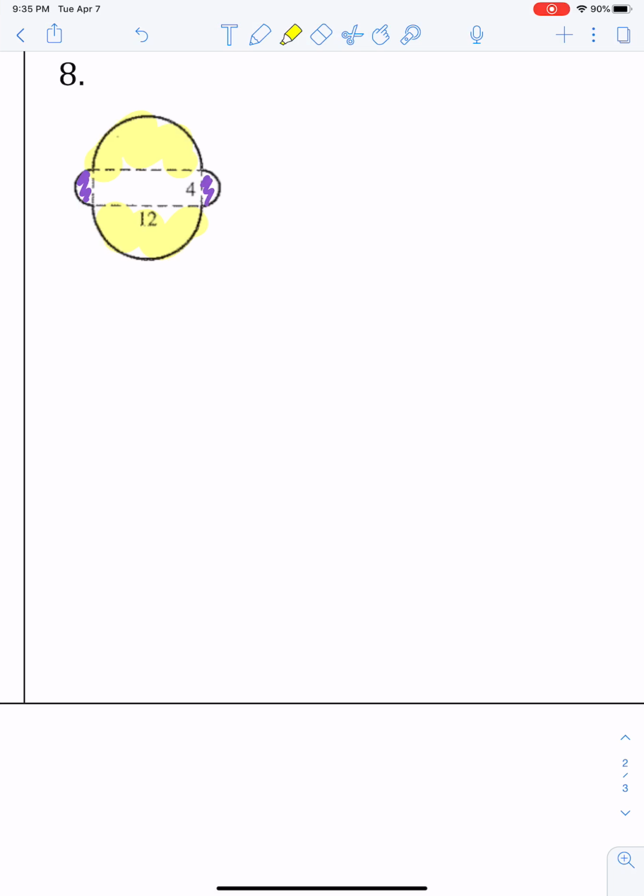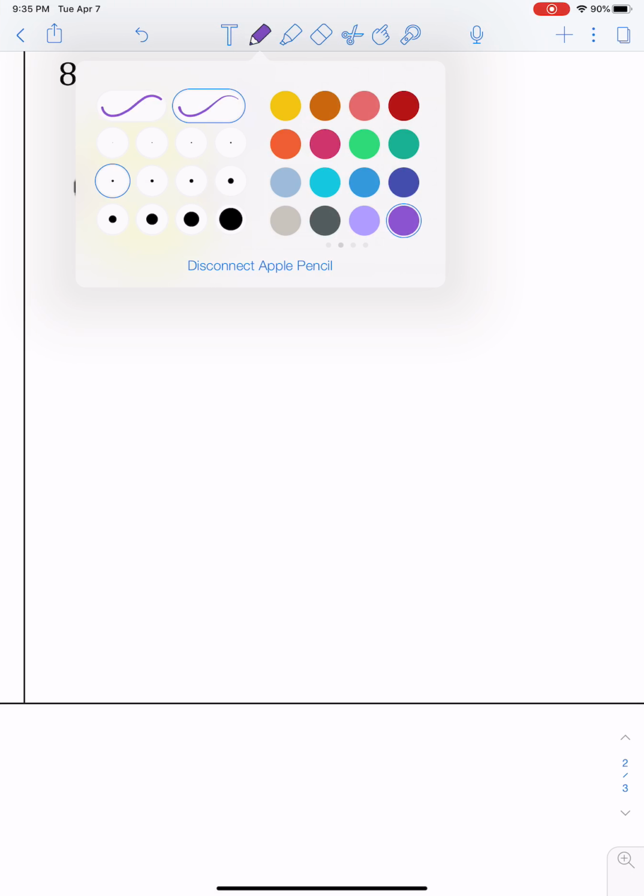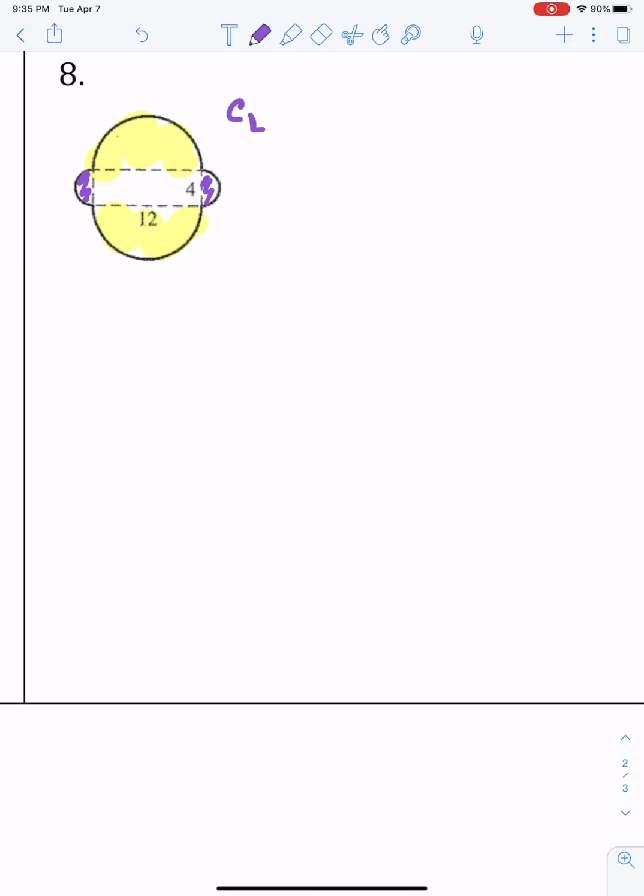So when we do this, I'm gonna call it the circumference of the large circle and the circumference of the small circle. So the large circle is 12 times pi. The diameter of the large circle is 12, and the small circle, the diameter is 4, so that's 4 pi.